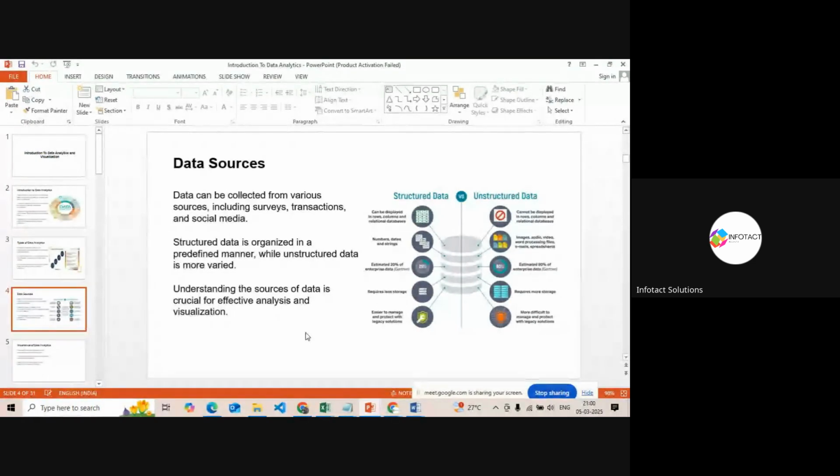Then structured data, because data may be structured or unstructured. Structured data is organized in a predefined manner, while unstructured data is more varied. Understanding the sources of data is crucial for effective analysis and visualization.